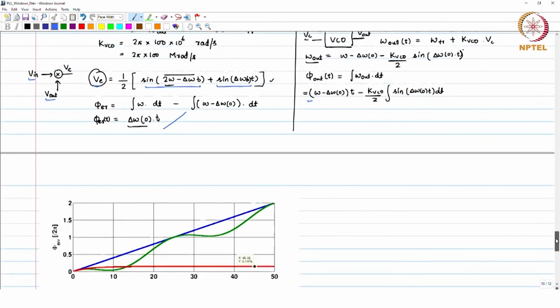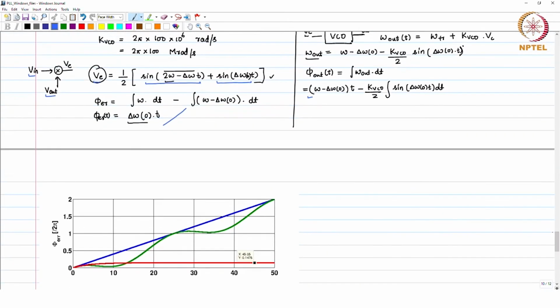Okay. So, given this output phase, our phase error at any given time is going to be phi in of t minus phi out of t. What was phi in of t?